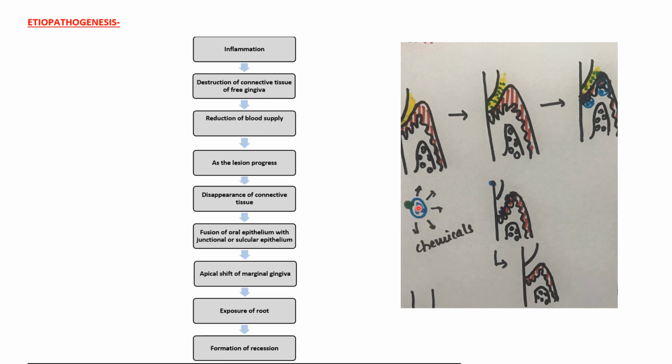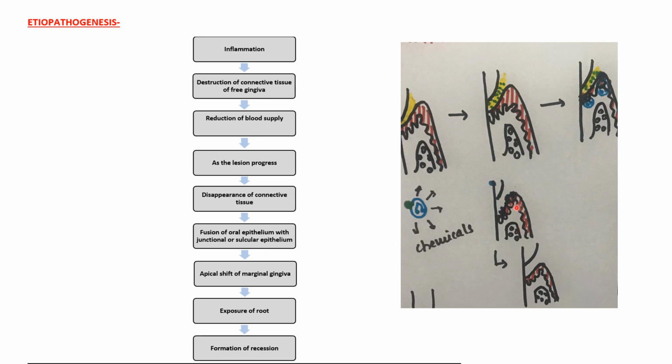So neutrophils release harmful chemicals to kill these bacteria, but these chemicals are so harmful. All this process is going on near this connective tissue, so these chemicals destruct this connective tissue of the gingiva. So because of this, there is destruction of connective tissue of free gingiva.